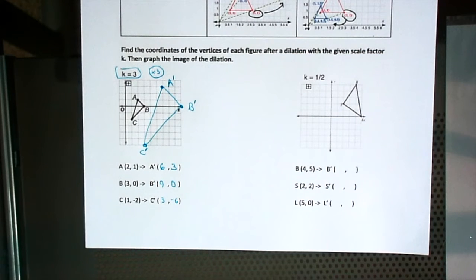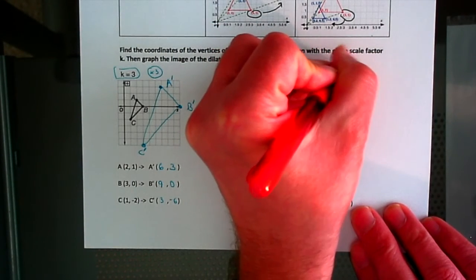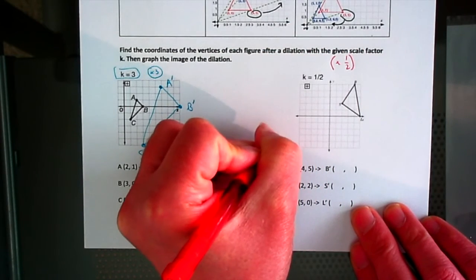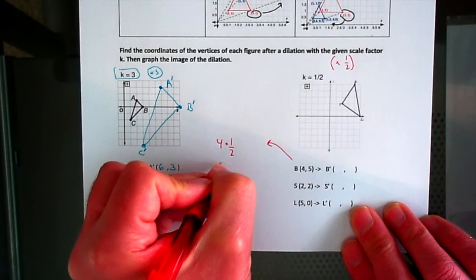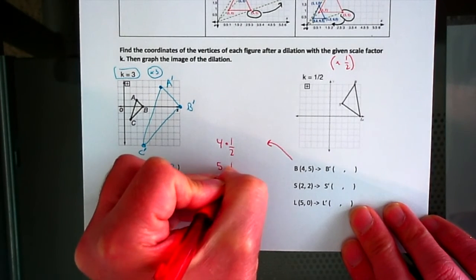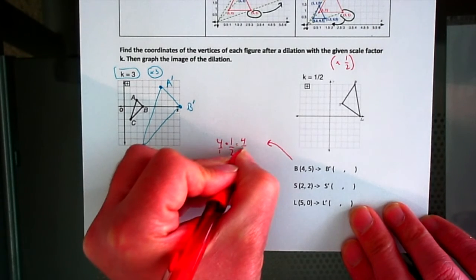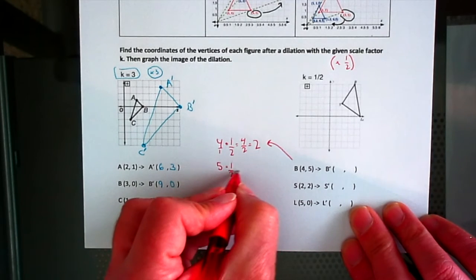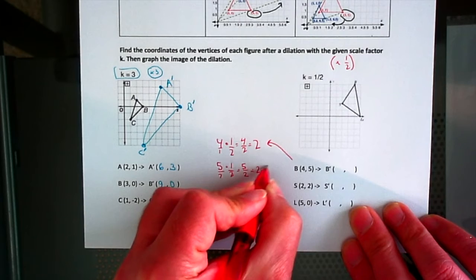Now here, the scale factor is 1/2. 1/2, or 0.5, is the same as multiplying by 1/2. So if I take this one up here, which is at B, I'm going to have 4 times 1/2 and 5 times 1/2. Well, 4 times 1/2, that's 4 over 1, becomes 4 over 2, or just 2. 5 times 1/2 is 5 over 2, which I'm going to make 2.5.